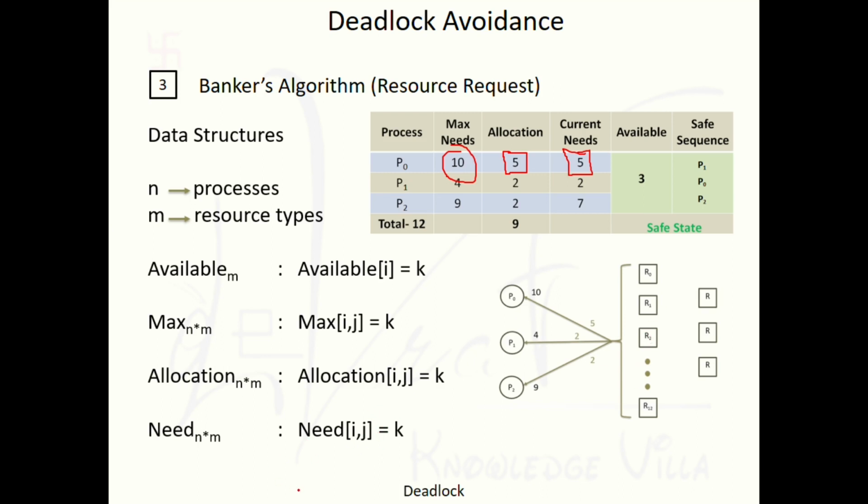Hope you are understanding what is represented by Available, Maximum, Allocation and Need. So this is the maximum need, this is the current need, and these are the total number of availability. Let's see the algorithm.